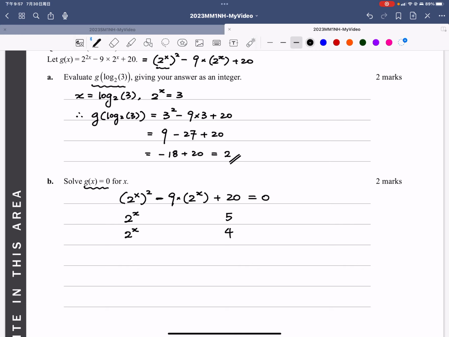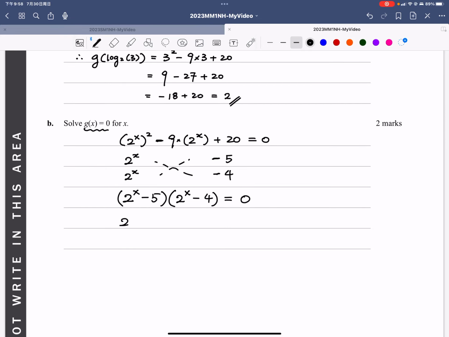But notice we got a minus here, so minus 5 and minus 4. Cross multiply: minus 4 times 1, minus 5 times 1, yep, minus 9. So I'll get the bracket 2 to the power of x minus 5, the bracket 2 to the power of x minus 4, equals 0. And then I use the null factor law: 2 to the power of x equals 5, 2 to the power of x equals 4.